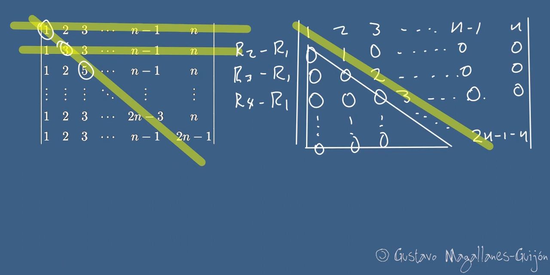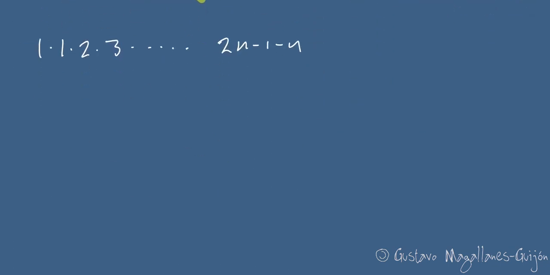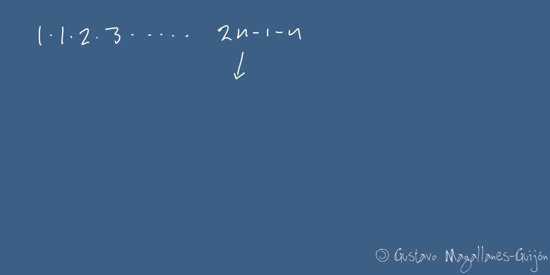Then we have 1 times 1, 2, 3, up to 2n minus 1 minus n, and it is 2n minus n minus 1, which is n minus 1.